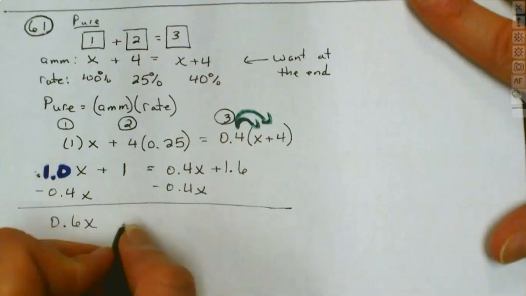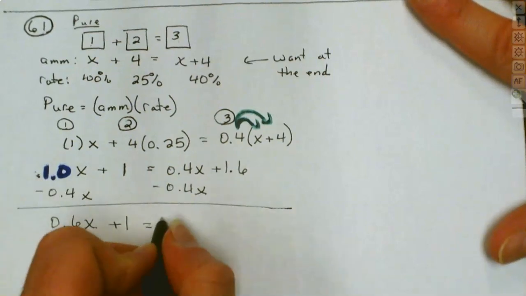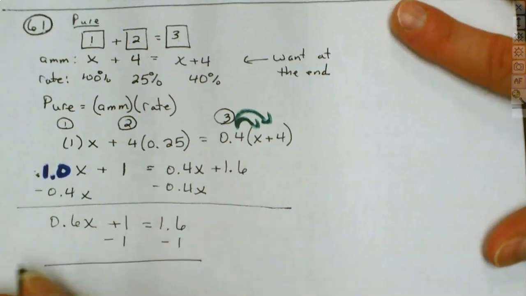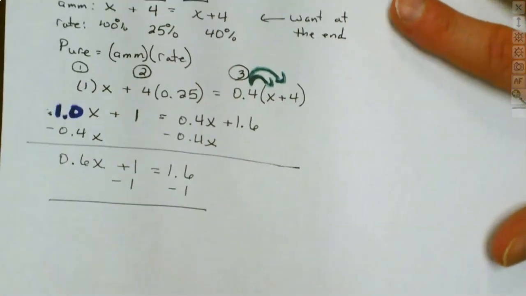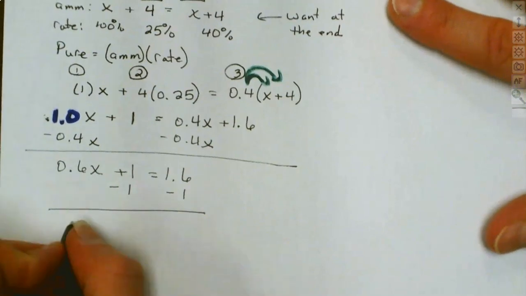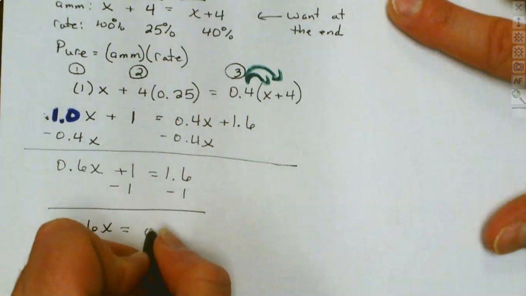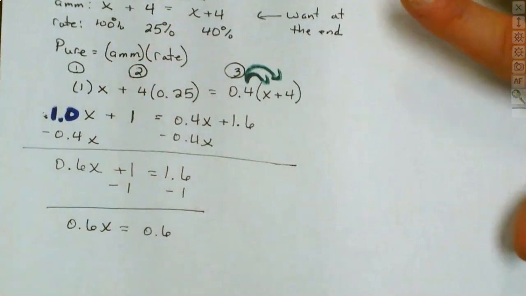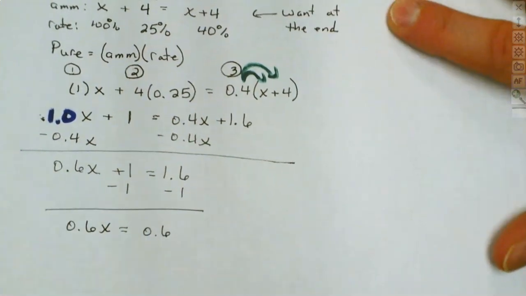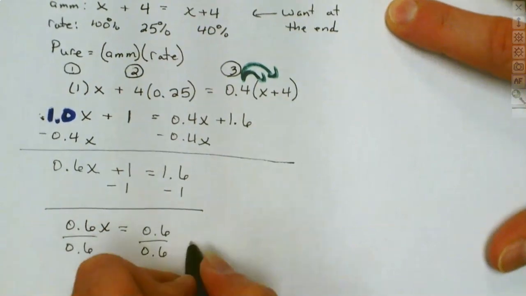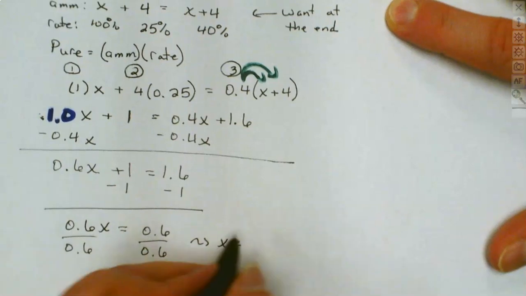And then we have a plus 1 equals 1.6. We'll move that 1 over. And again, be careful with that decimal. And that's going to then give you 0.6x equals 0.6. We'll move it over. Divide by your 0.6. And now we are left with x equaling 1.